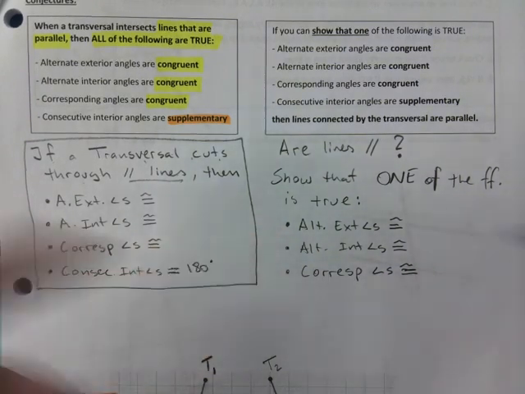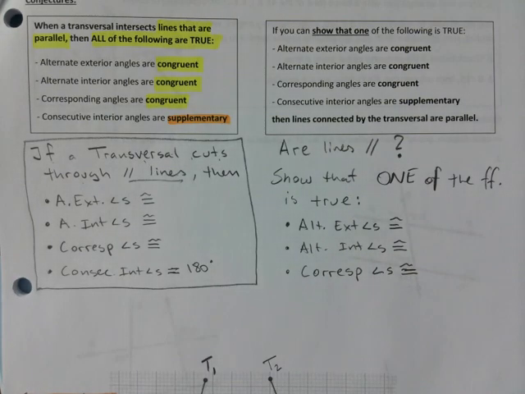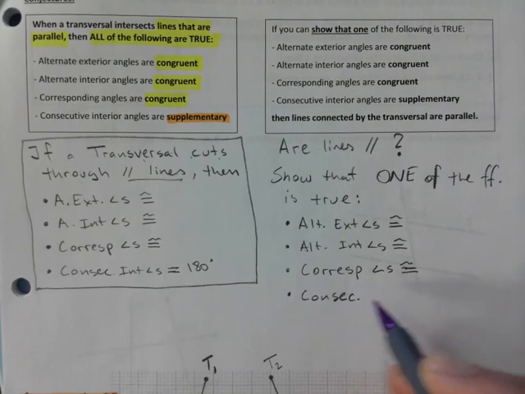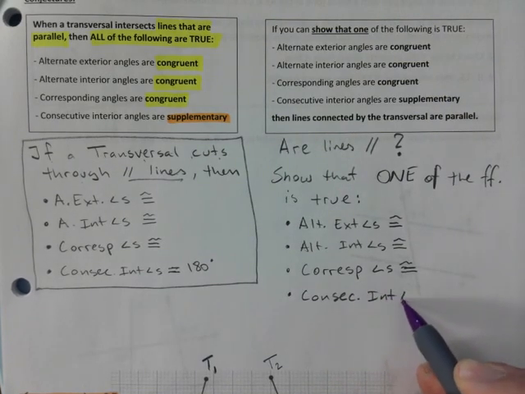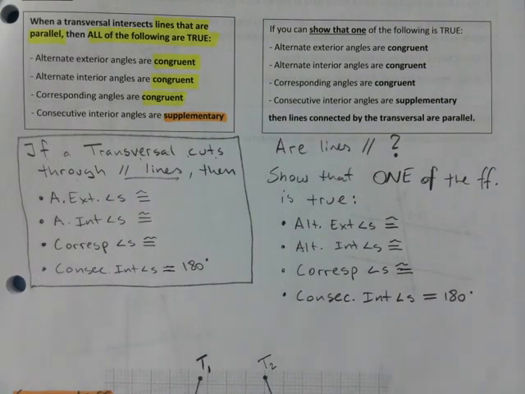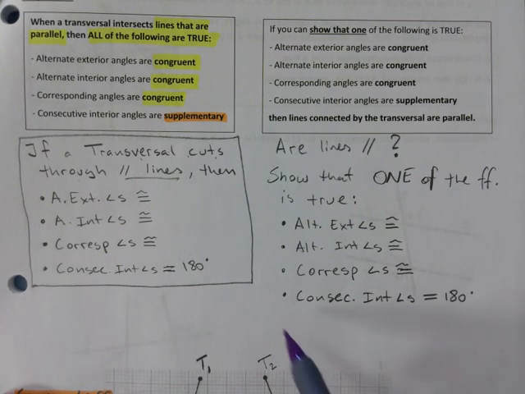So you pick which one you want to go for. And last but not least, CIAs, consecutive interior angles. I just use CIAs to make it faster, but you actually want to write out consecutive interior angles if possible.